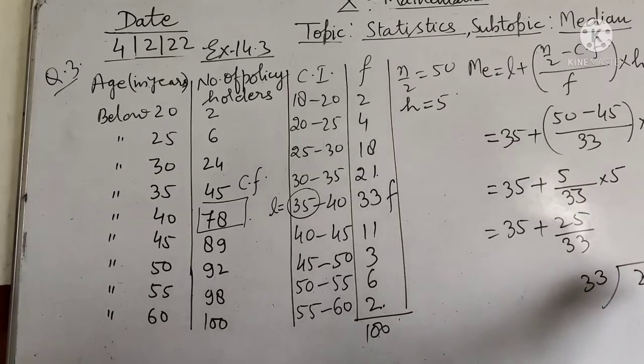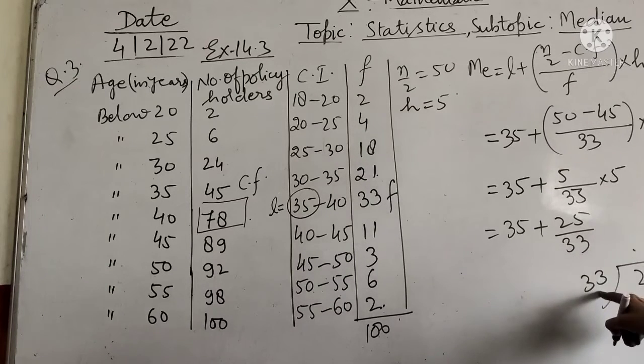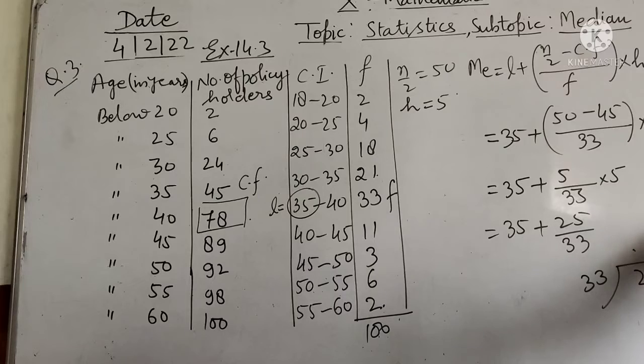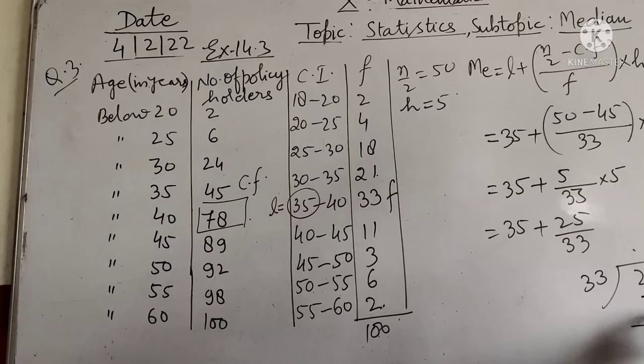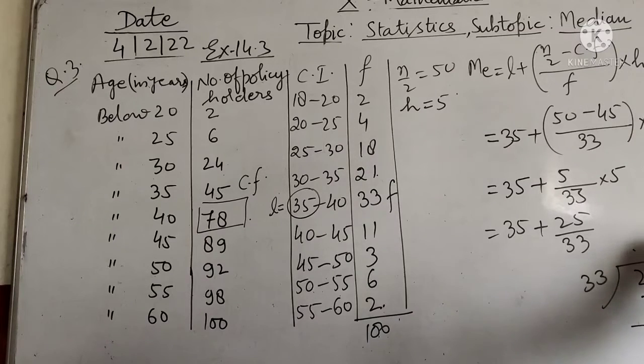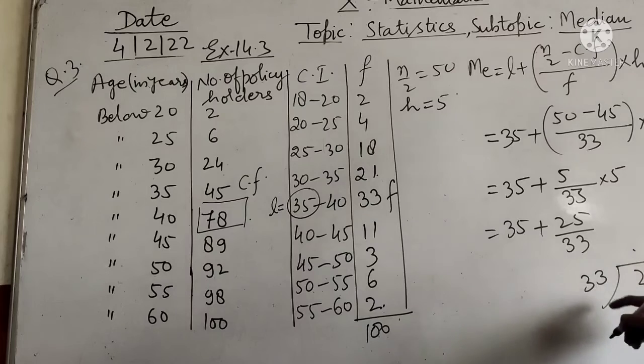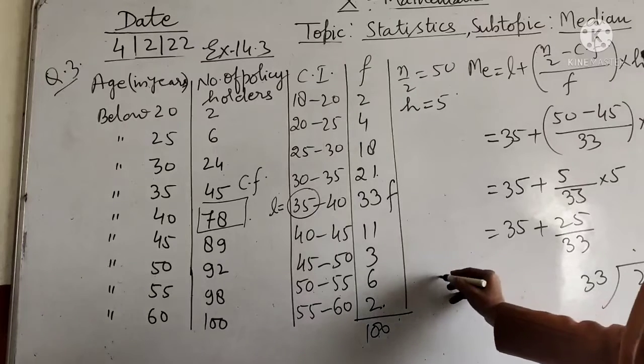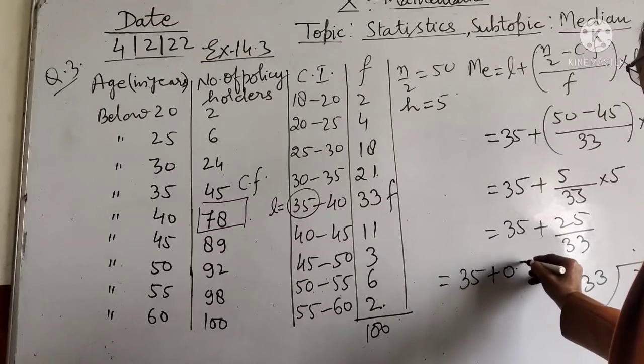Dividing 25 by 33 gives about 0.75. So it is 35 plus 0.75.